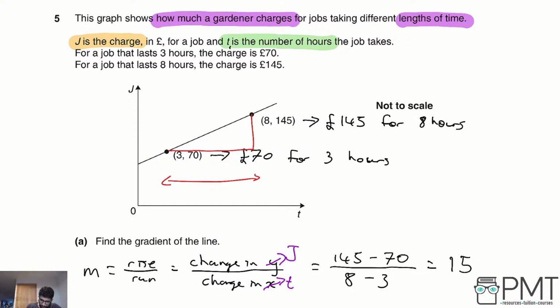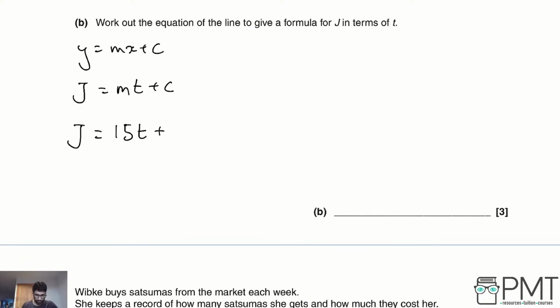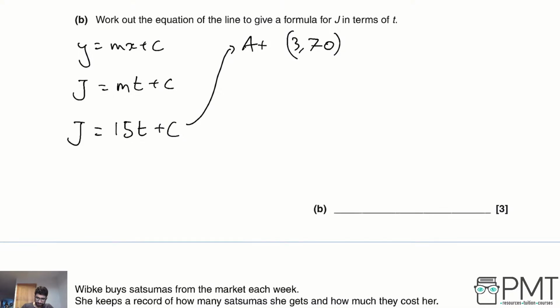What we do is we take one of these points, let's say (3, 70), and substitute into this equation. We know that it must satisfy this equation.